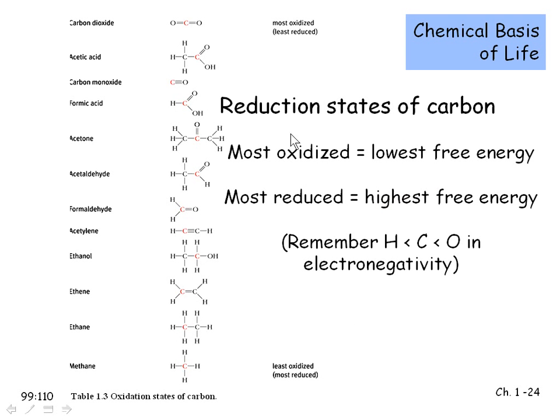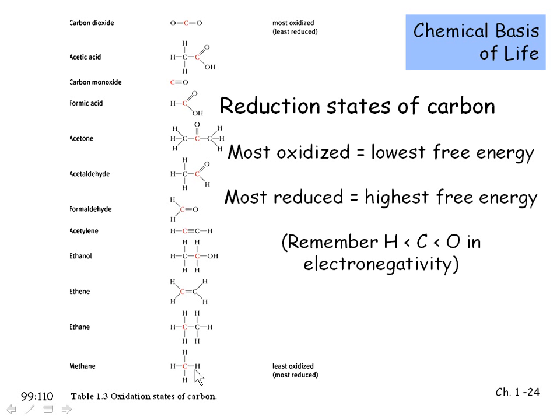This is just a reminder for you of the oxidation states of carbon. I know this is a very small print on the screen. I don't expect you to read it off the screen. But I'll give you sort of the highlights of it. At the very top of this scale is the carbon with 2 oxygens, the most oxidized state of carbon. And then down at the bottom, you have a methane molecule, carbon with 4 hydrogens.